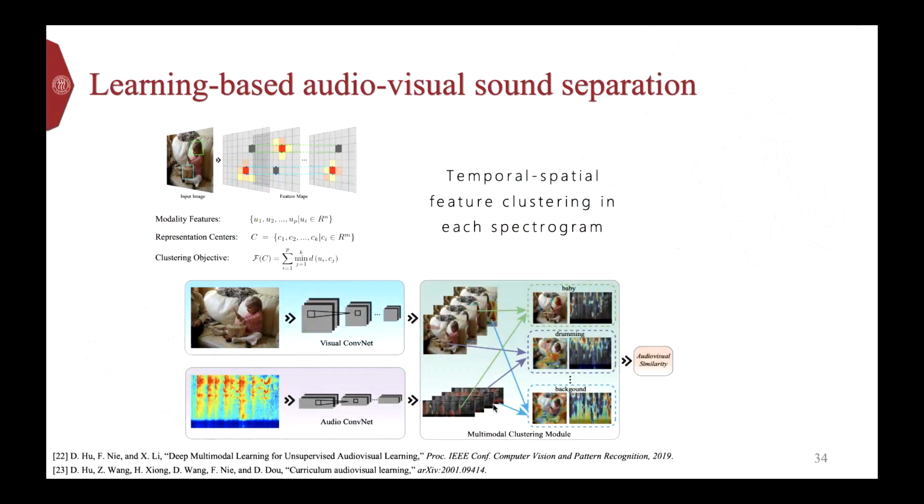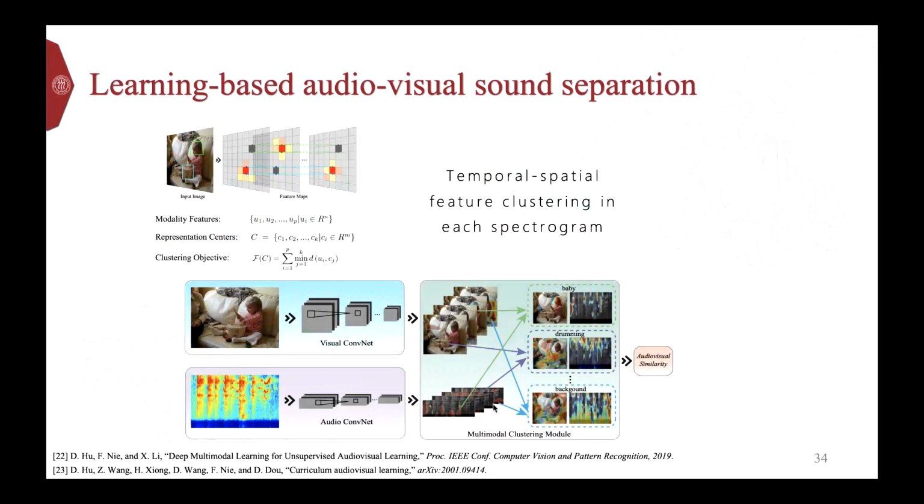So to answer these questions, the researchers propose to build temporal spatial feature clustering in each spectrum, importing clustering techniques to figure out which part of the audio spectrum is related to different visual objects.